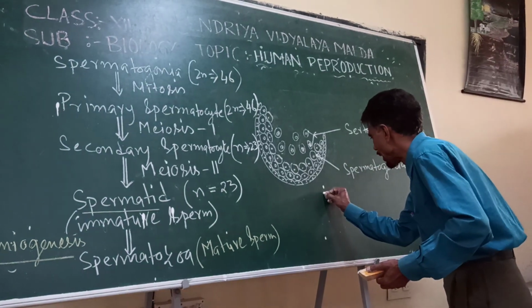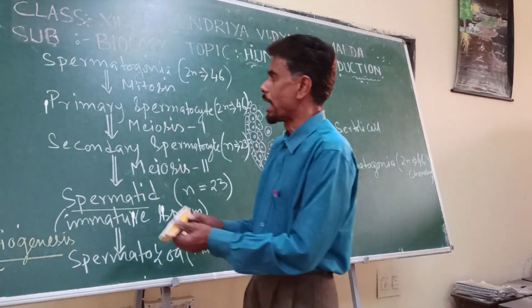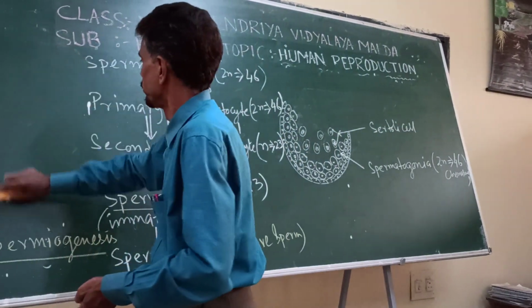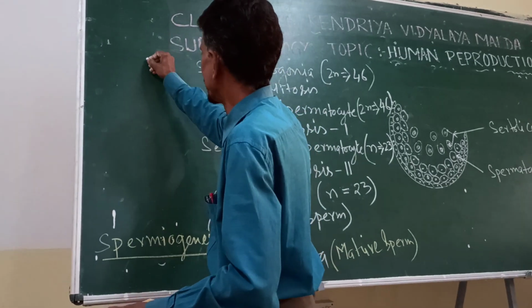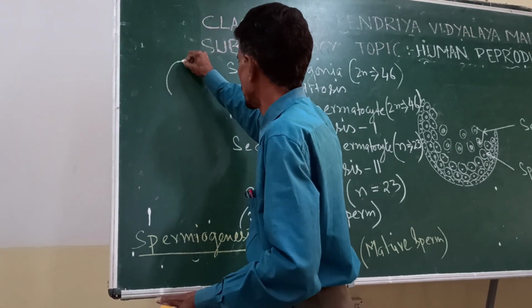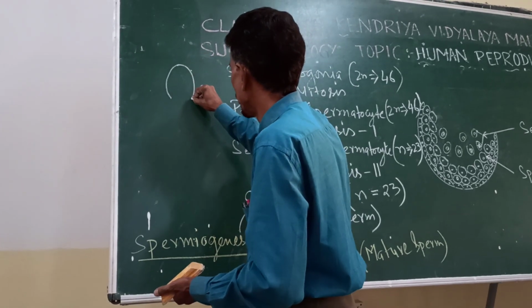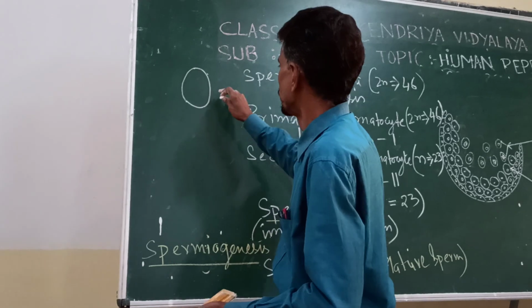So the sperm head, if I draw the diagram here, is made up of the nucleus.